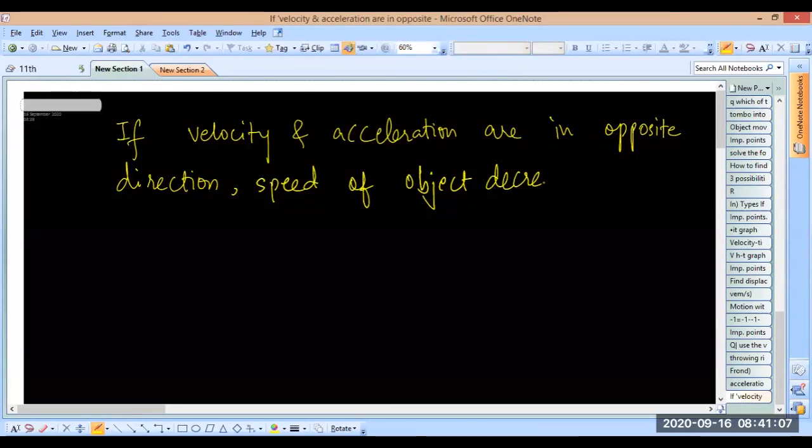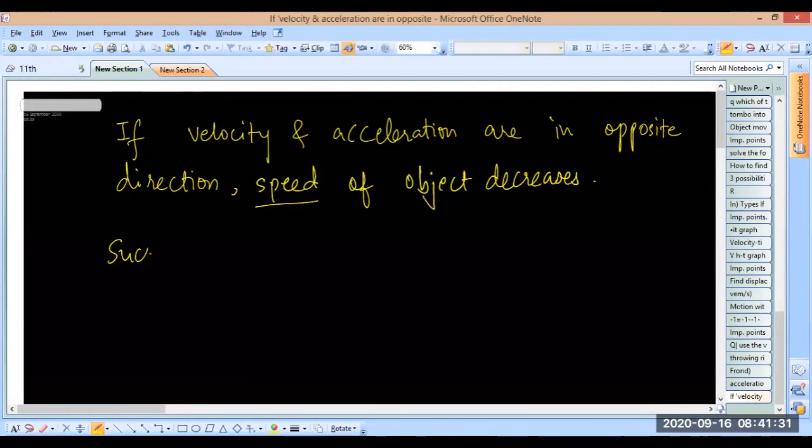I'm saying speed, I'm not saying velocity. When I say speed, I mean speed. When I say velocity, I mean velocity. They are different, right? That's what happens when we apply brakes.